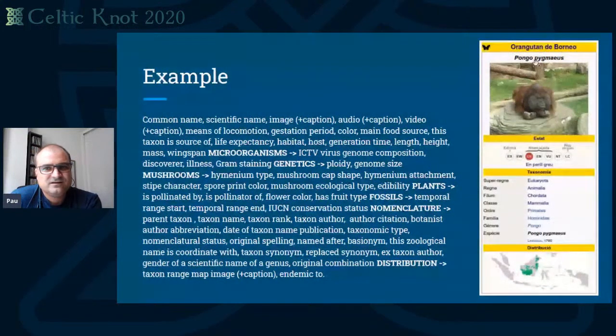For example, in the Borneo orangutan, there are not all these fields, but we only import the fields that are informed in Wikidata. But if there are these kind of fields, we can import them. So there are a lot of them, as you can see here, for the taxa box.